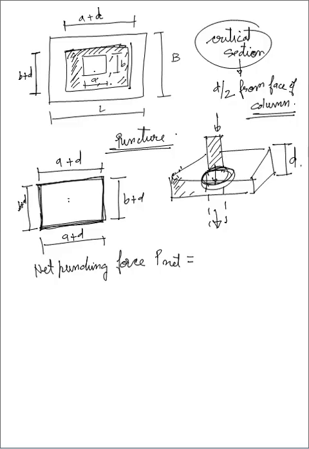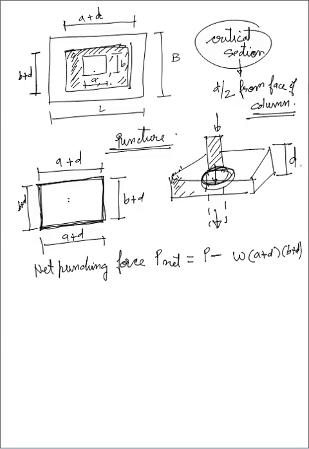The net punching force will be the actual load P coming from the top, that is from the column, minus w times this area. The area is L into B, so here L is A plus d and this is B plus d.